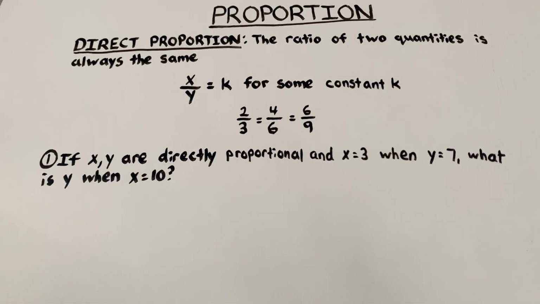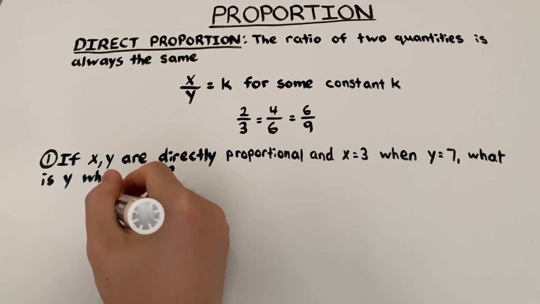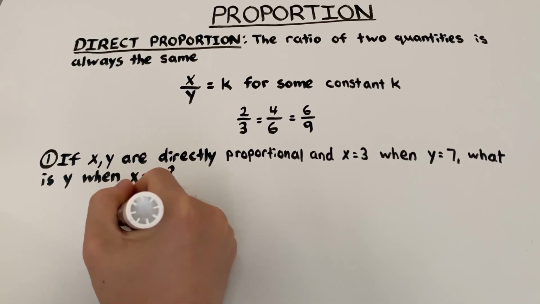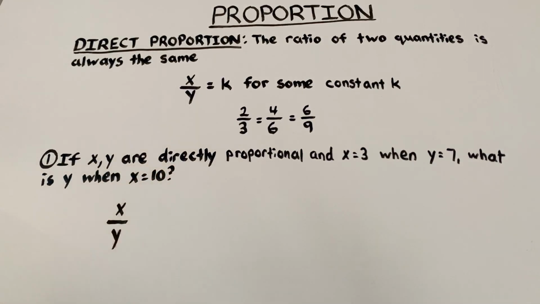Okay, so I'm going to show you how to set this up. If x and y are directly proportional, that means, by definition, the ratio x over y is constant. Now you can also say that the ratio y over x is constant. That is true. It doesn't really matter which one you pick, as long as you are consistent and you're matching your letters correctly.